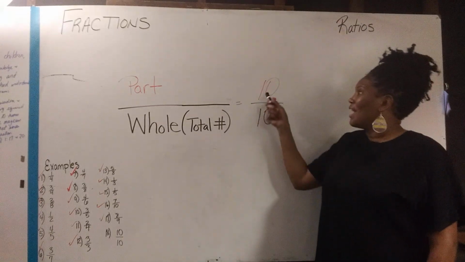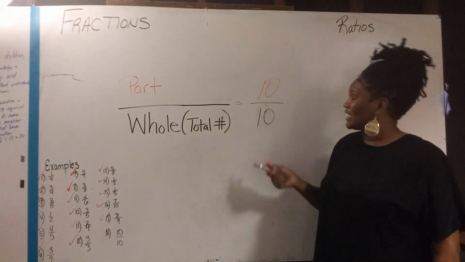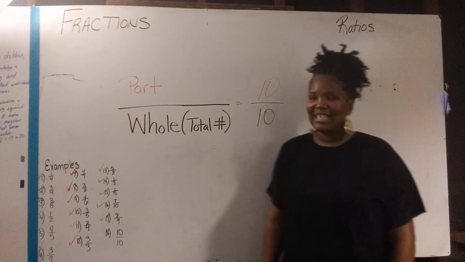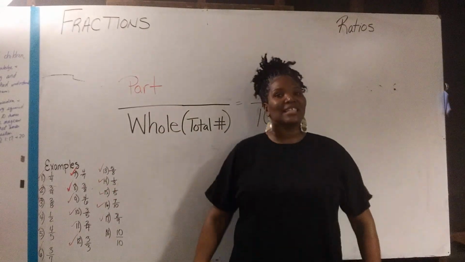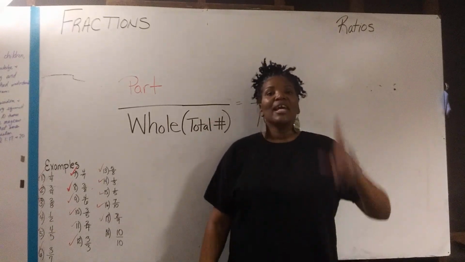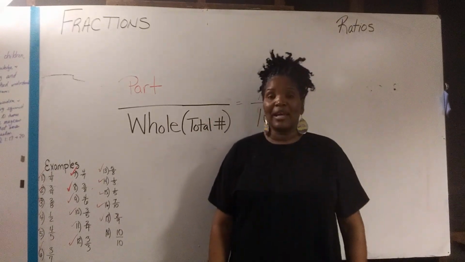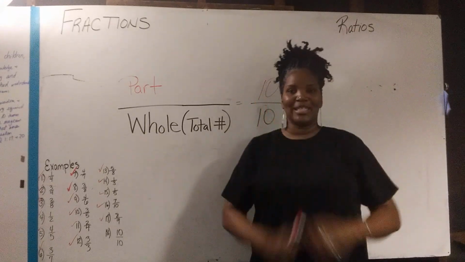So we have 10 at the top and 10 at the bottom. We draw 10 circles and color all 10 in. That makes 1 whole. Anytime we have the same number at the top and the bottom, it equals 1. What that really means is 10 goes into 10 only one time.